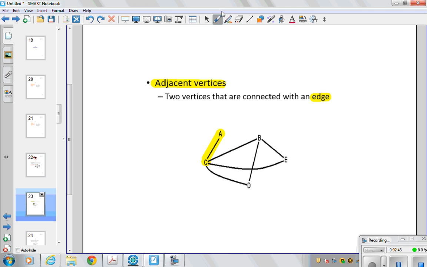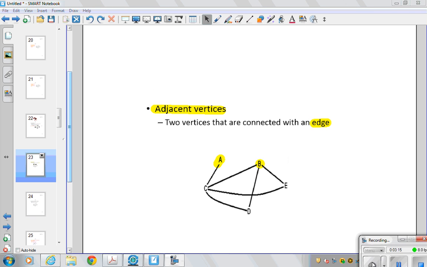But if I was to ask you, are B and A considered adjacent? The answer would be no, because there is not an edge connecting these two. So just to review, adjacent vertices is when you have two dots being connected by a line. And if not, then it's not adjacent. All right, let's keep going.